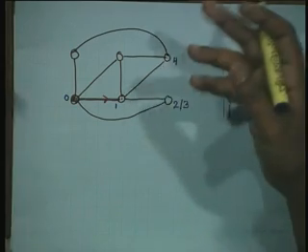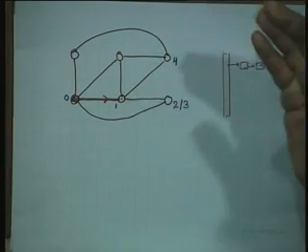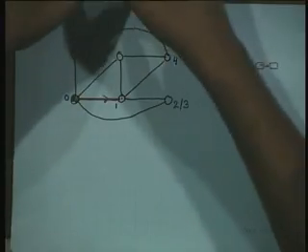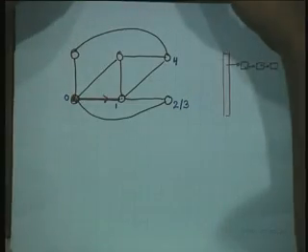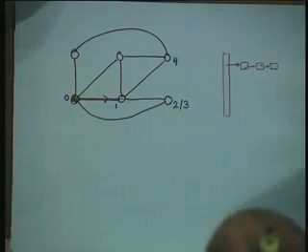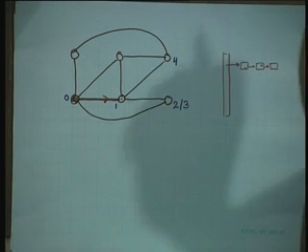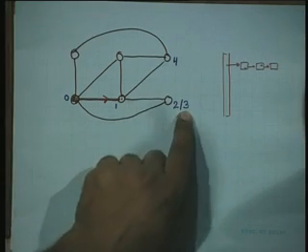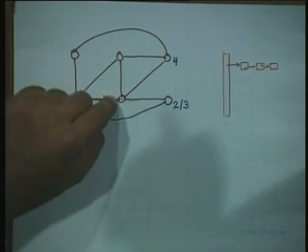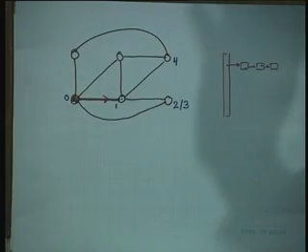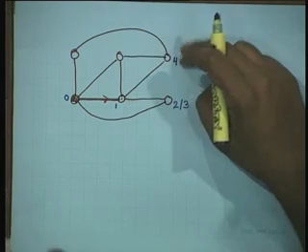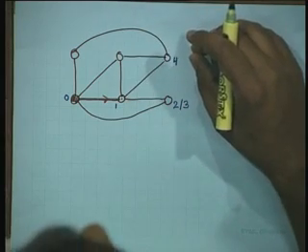Our numbering is: when we reach a vertex, we increment the counter, and when we backtrack from a vertex, we increment the counter. That is the only way we number. I am not saying that I leave from here at time 3 and get to here at time 4, I could do that also, but why keep incrementing unnecessarily. So, I am going to increment only when I reach a new vertex. I reached a new vertex, so I give it a timestamp of 4.